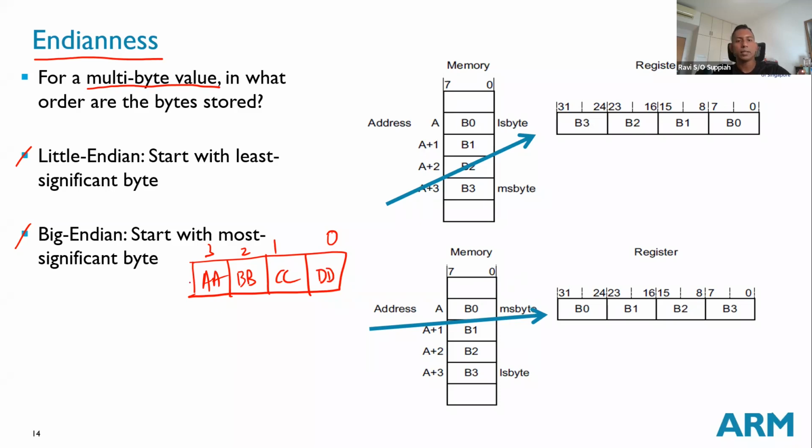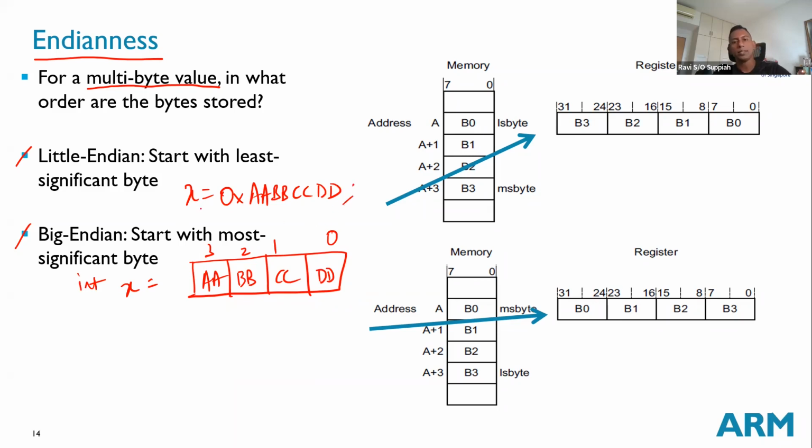This is a 4-byte value. That means if I declare this as maybe a 4-byte integer X, this is the actual value that I have. So X, if I look at it in hexadecimal form, will be AA, BB, CC, DD.